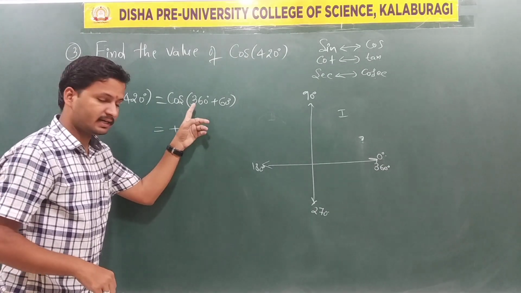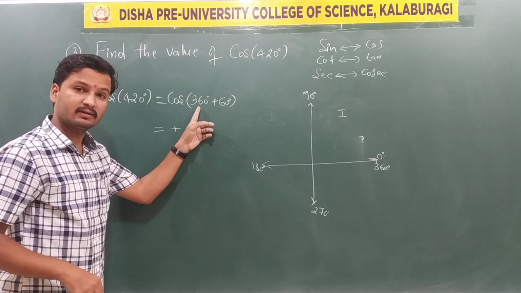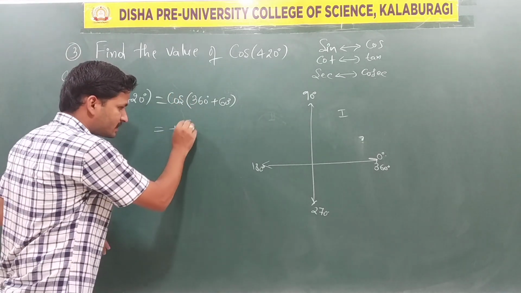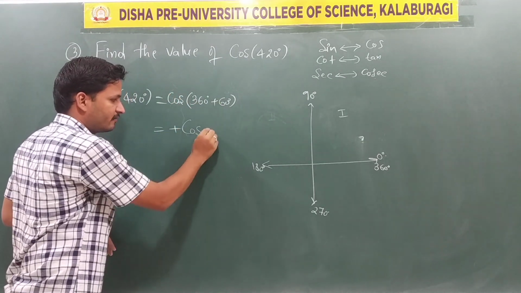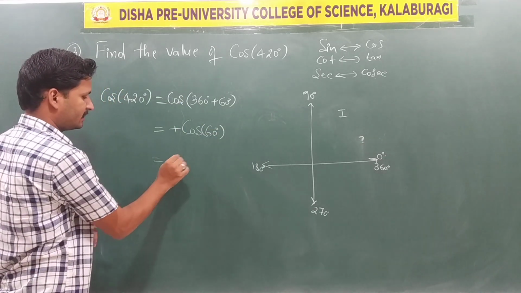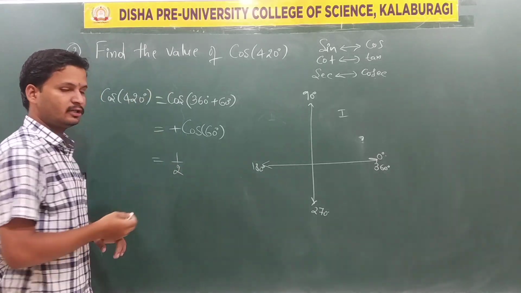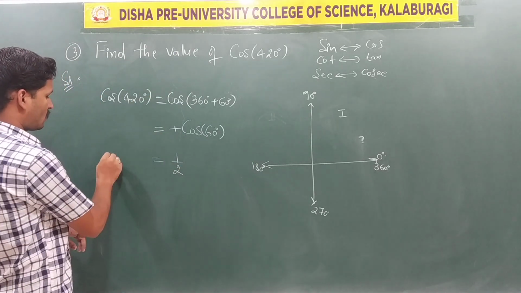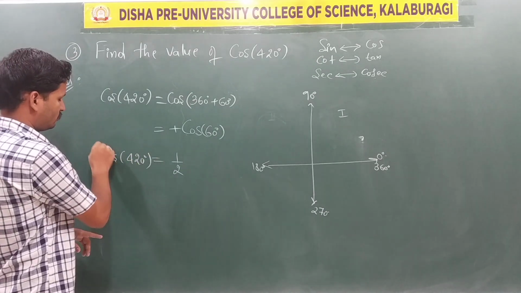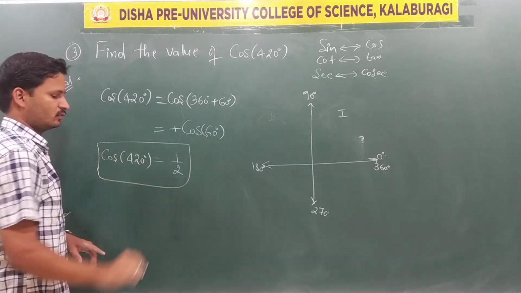Here 360 degree is there, so definitely the ratio doesn't change. So keep cos as it is. So cos of 60 degree. Now cos 60 degree is 1 divided by 2. So cos of 420 degrees equals 1 divided by 2.